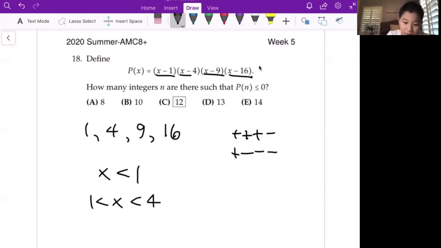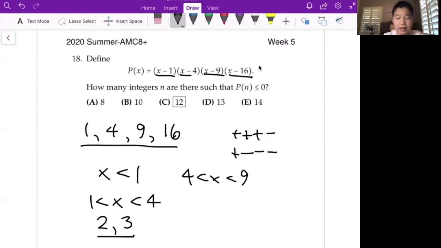Well, that's what we want, so we can add those two cases, 2 and 3, in there. So 1, 4, 9, 16, there's 2 and 3. And then if x is between 4 and 9, then there are 2 negatives and 2 positives, so that won't work.